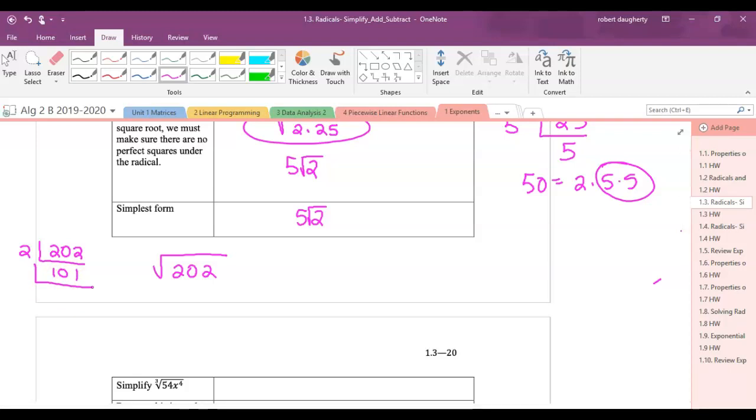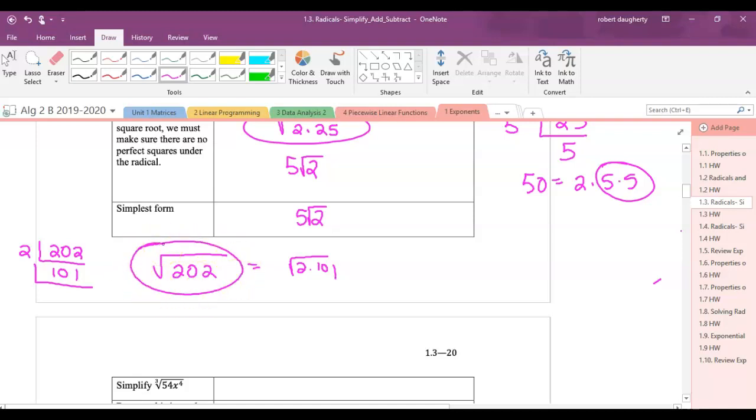It cannot be divided by 3 because when you add the numbers 1, 0, and 1, you get 2. It's not divisible by 3. Cannot divide by any even number. So this is a prime number. So this one can't be simplified any further. So this is the square root of 2 times 101, but there's no perfect square here. So there's no further simplification for this one.